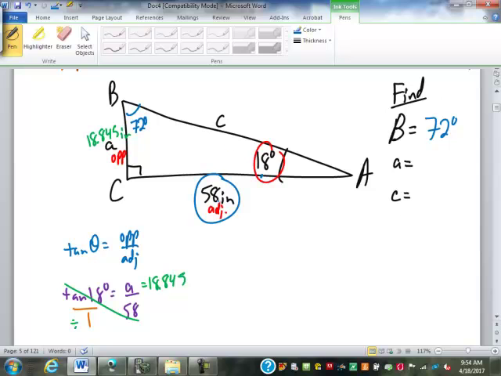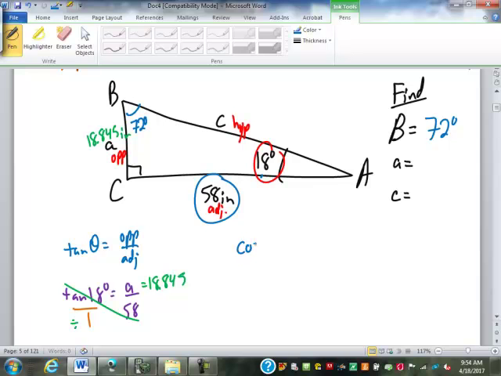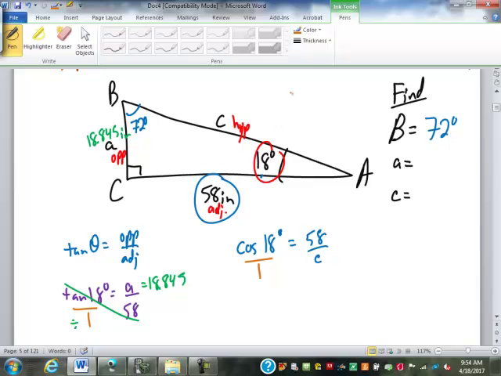So I'm still looking at the 18 here for mine. I'm going to use cosine because I have the adjacent is given, and I'm looking for the hypotenuse. You probably use sine because you had opposite hypotenuse, right? Cosine of 18 equals 58 over C. Put this over 1. Cross multiply cosine of 18.